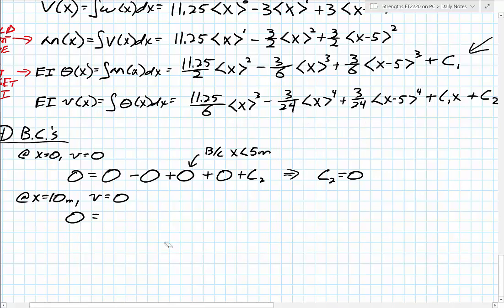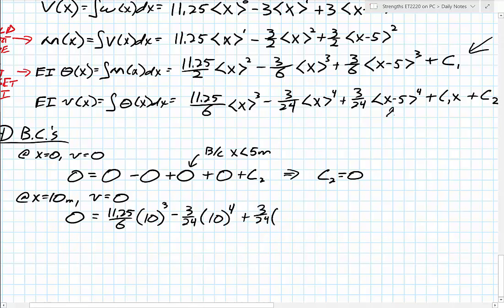The first term, I'm just putting in these values, so I have 11.25 over 6, and I'm going to put them in parentheses now because I can't actually multiply it. They aren't singularity functions. But I have 10 cubed minus 3/24 times 10 to the fourth plus 3/24.